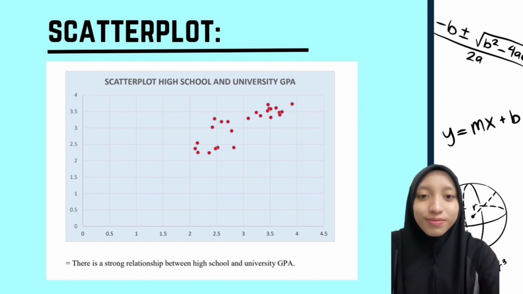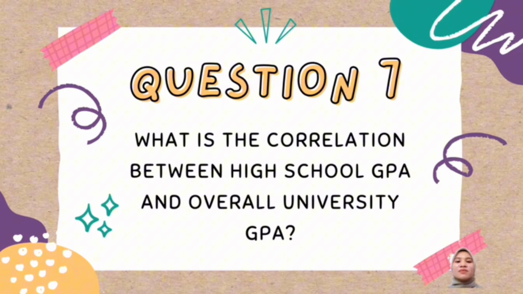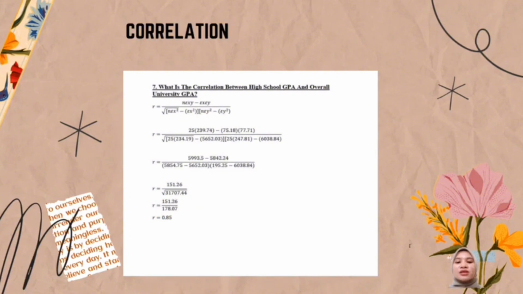Thank you. Assalamualaikum. My name is Naina Atira binti Azli and my matric number is H21A2342. Next, we move to my part, which is question 7. The question given is what is the correlation between high school GPA and overall university GPA? Correlation is a statistical measure that expresses the extent to which two variables are linearly related, meaning they change together at a consistent rate.